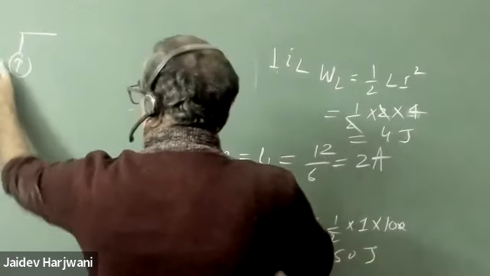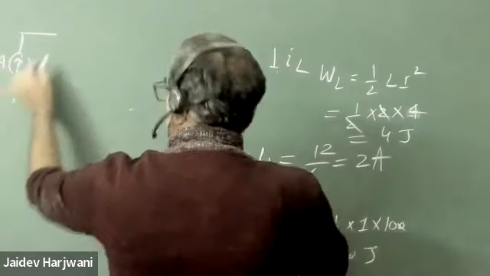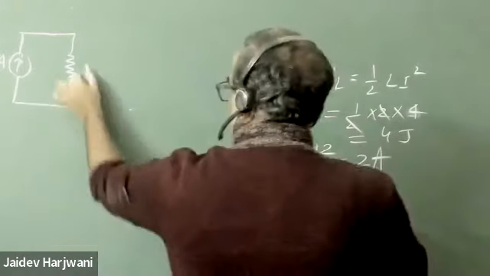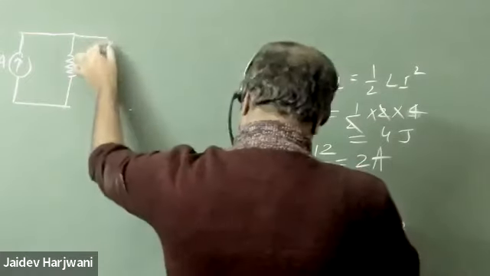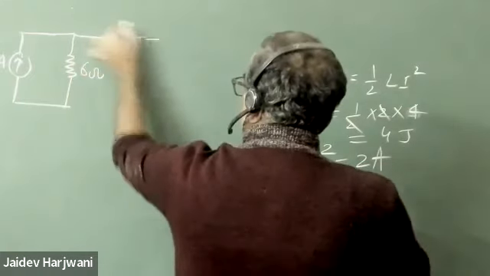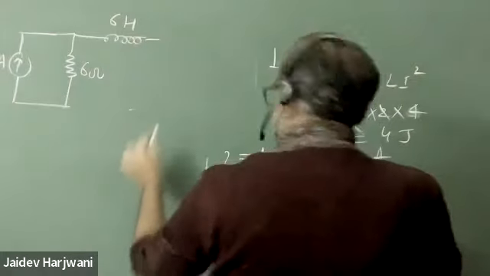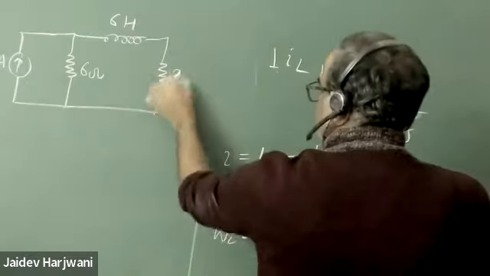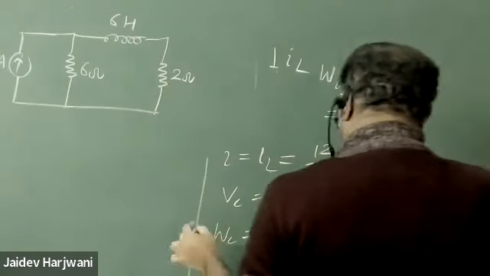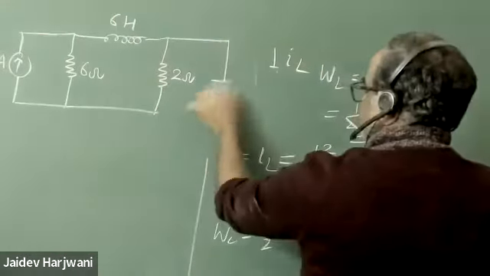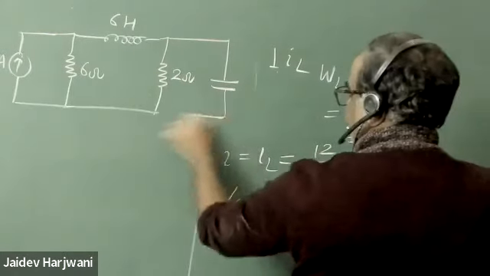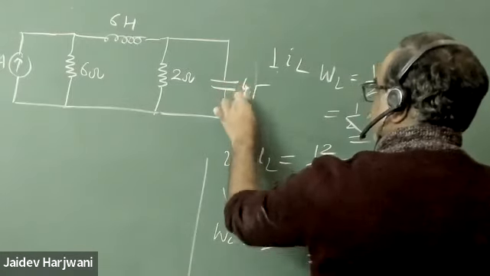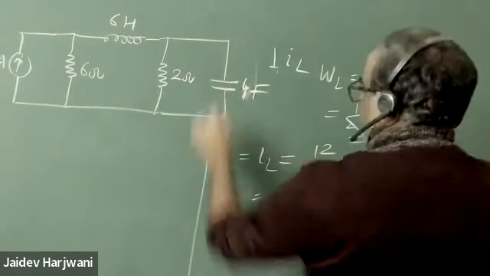Say this is 10 ampere current flowing, and this is your resistance, 6 ohm, and then you have an inductor, 6 Henry, and you have this 2 ohm resistance here, and you have this 4 farad capacitor.